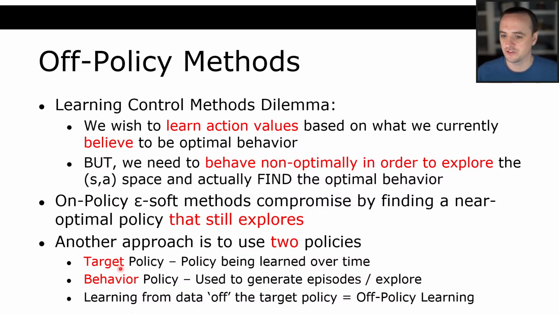One is called the target policy. That's the policy that we are learning over time, right? That's the policy that we're going to end up with. And then we have a behavior policy, and that is the one used to generate the episodes or do the exploration. So learning from data off of the target policy is called off-policy learning.